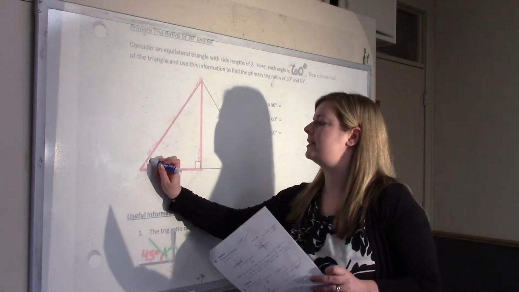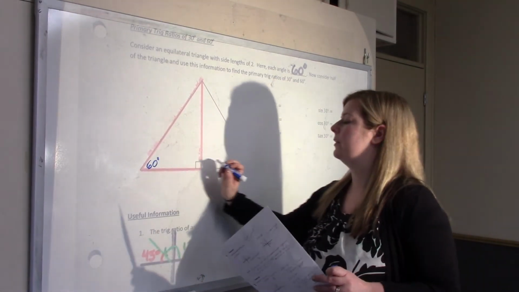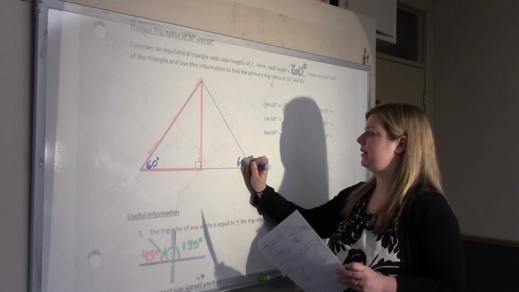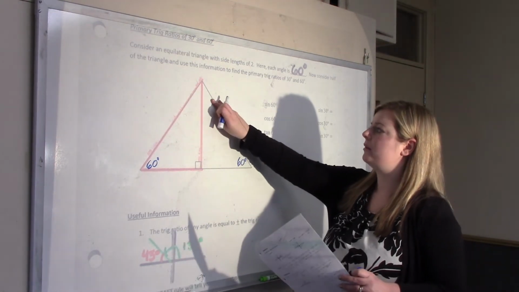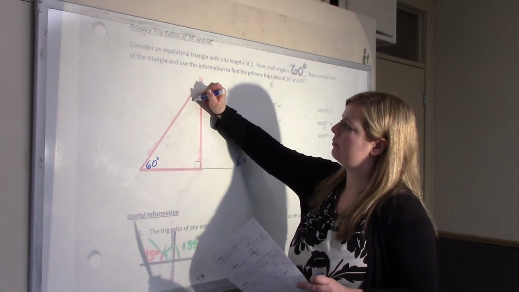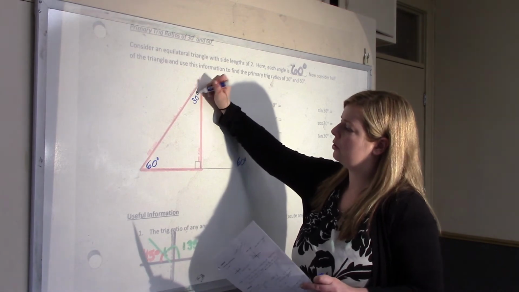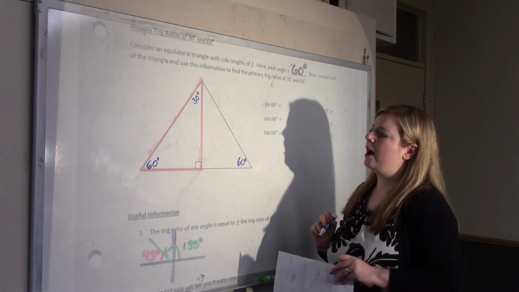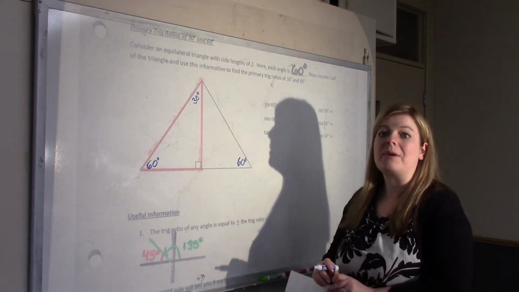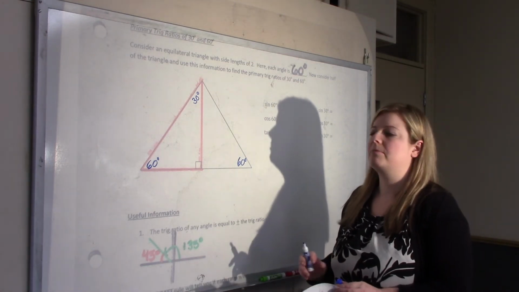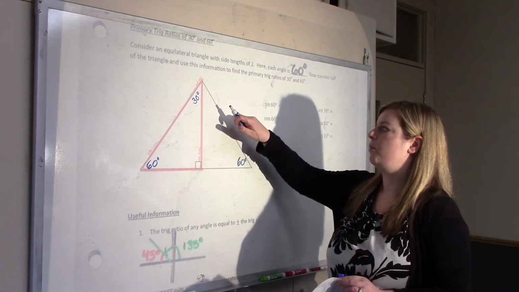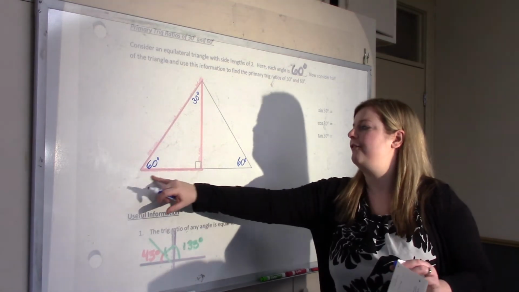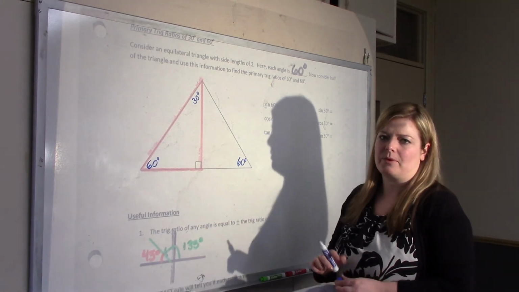So this would be 60 degrees, and this would be 60 degrees here. So this whole angle would be 60 degrees, but half of it would be 30 degrees. Now, usually we want to make our side lengths as simple as possible. So you might say you want to make this 1, 1, and 1, but then half of 1 would be a half, and we don't want a fraction.